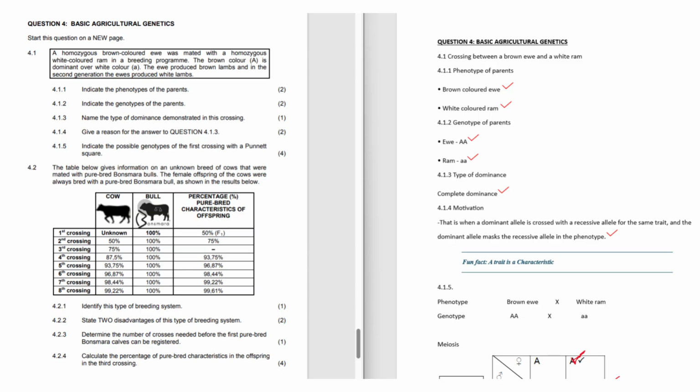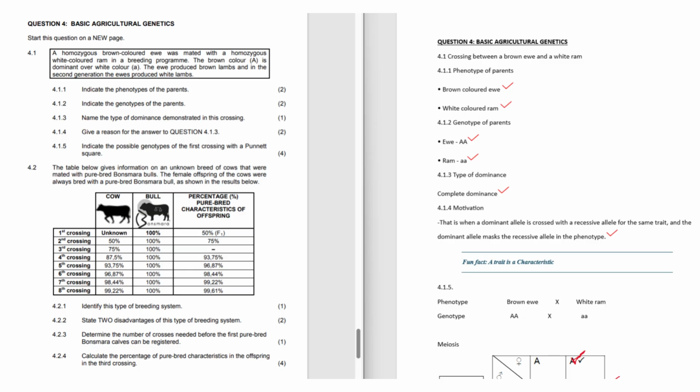4.1.5. Illustrate the possible genotypes of the first crossing with the Punnett square. For this crossing that needs a Punnett square, it's not as complex as the crossing that is done in life sciences.